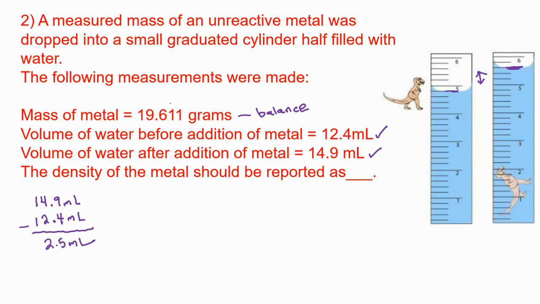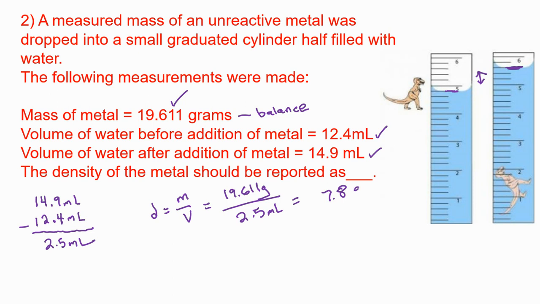It's 19.611 grams. So if I want to find the density of this metal, density is equal to mass over volume, plugging in 19.611 grams and 2.5 milliliters. I calculate a density of 7.8.